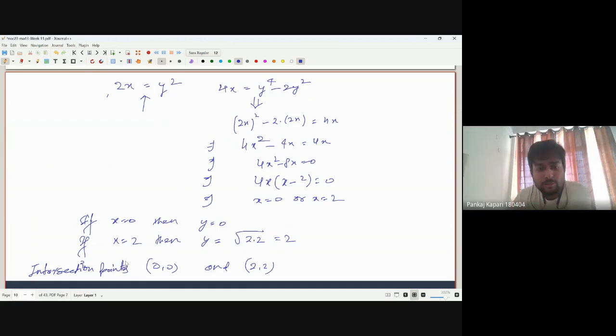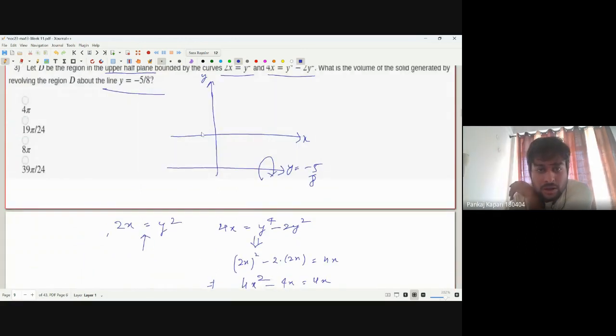So these are our intersection points. So this is our point 0 comma 0, and then we have a point 2 comma 2.